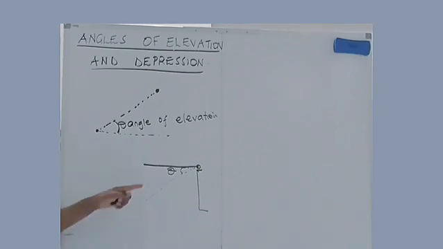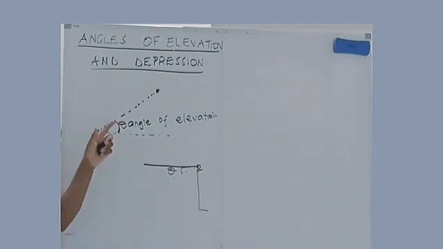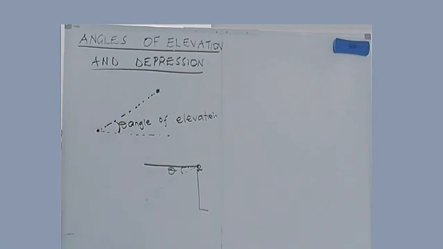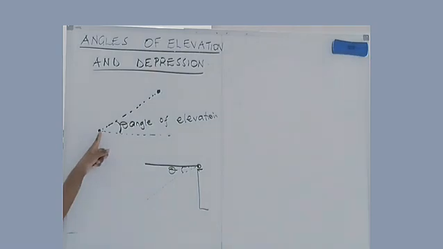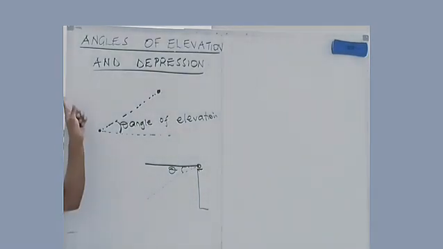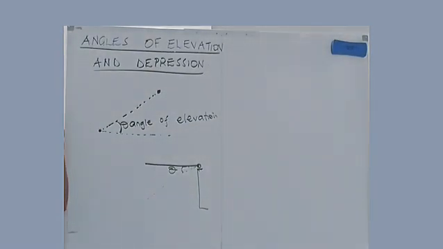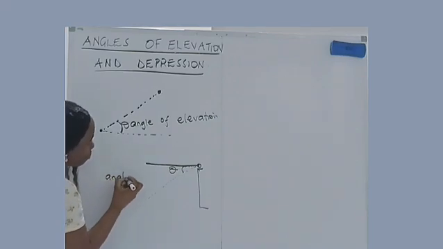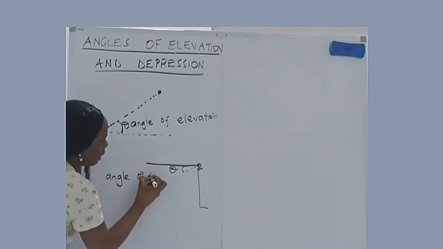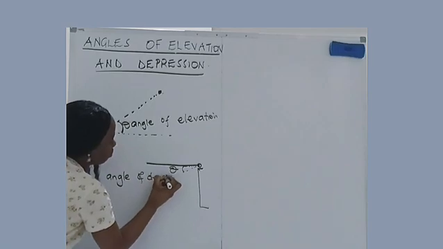The angle of depression is a result of looking down at something which is at a lower point than you, and the angle of elevation is formed when you look at something that is at a higher point than you.